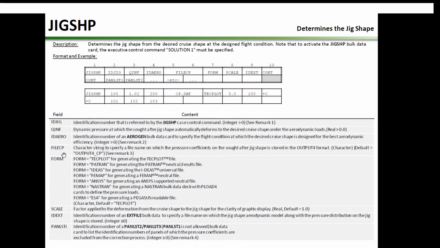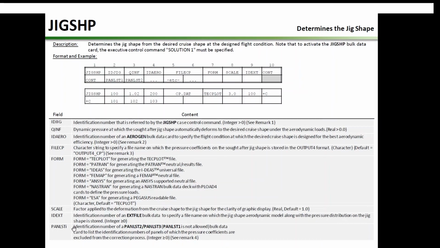And as for CP, you can output the pressure coefficient on the jig shape, stored in the output format. And then if you want to plot it, you can plot it using whatever graphic software you have, and you can scale up the difference between the cruise shape and the jig shape for the clarity of the graphic display.